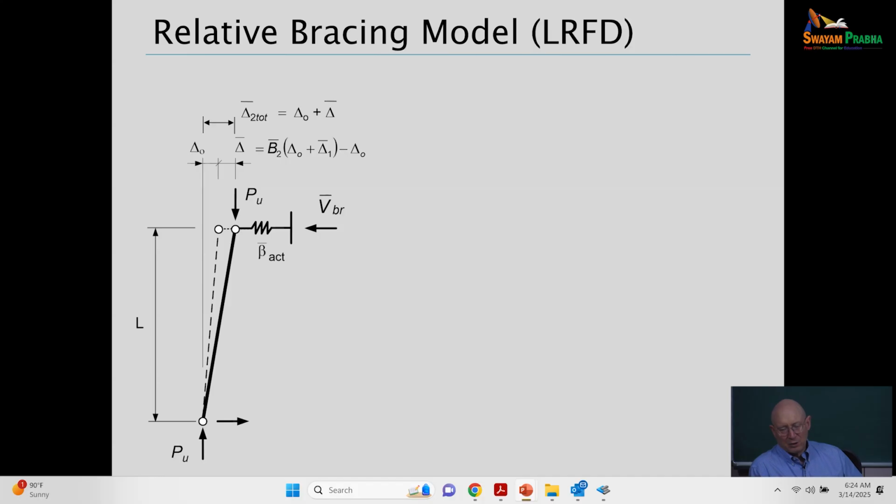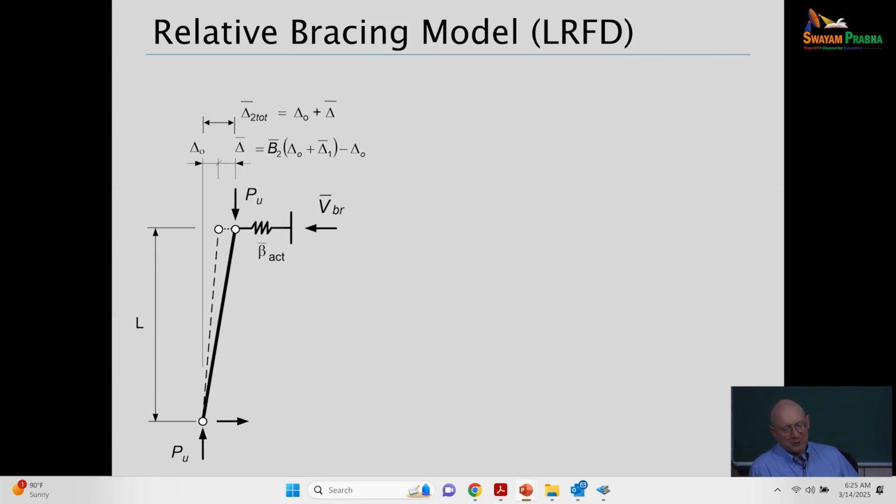Now I'm showing an additional delta bar 1, which is going to be confusing the way I've got it here. If this is a system that tends to side sway under gravity load, then that side sway under gravity load would be a delta bar 1. Or if I happen to have a horizontally applied load at the top, that would also give me an additional deflection. So the subscript 1 there means a first order calculation of a side sway, and that's in addition to the delta naught.